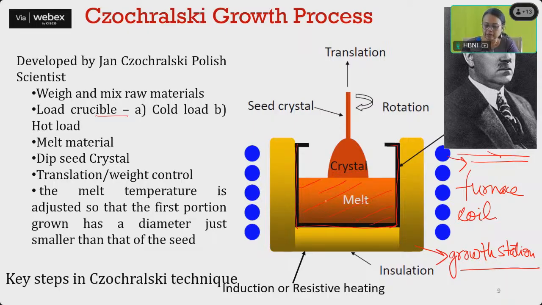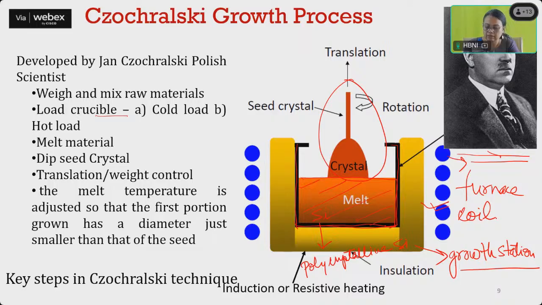So we are putting our material. Let us start with silicon only. Initially a polycrystalline silicon chunk is there. Silicon is put here, and then using the furnace we are increasing the temperature, and then this silicon is totally melted. Initially this part is not there, so we only have the melt in the crucible.